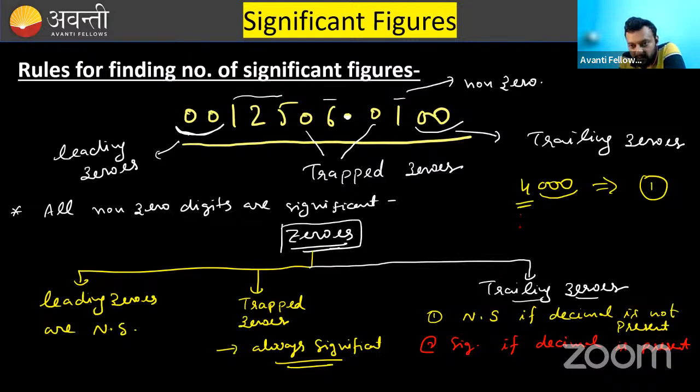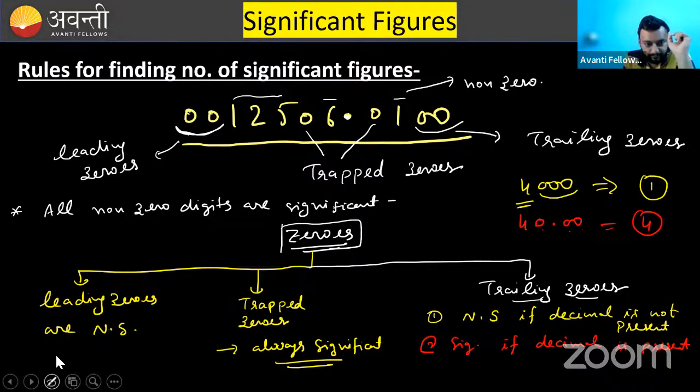For example, if it is mentioned as 40.00, then it has all the trailing zeros, 1, 2, 3, all trailing zeros are significant. That means a total of 4 significant figures are there. Are you getting my point? If decimal is there, then trailing zeros are significant. If decimal is not there, then trailing zeros are non-significant.